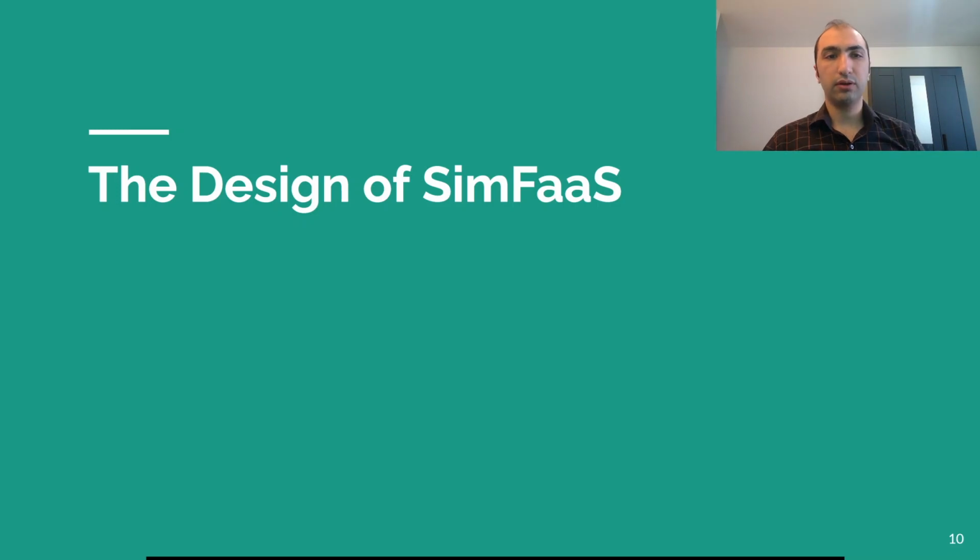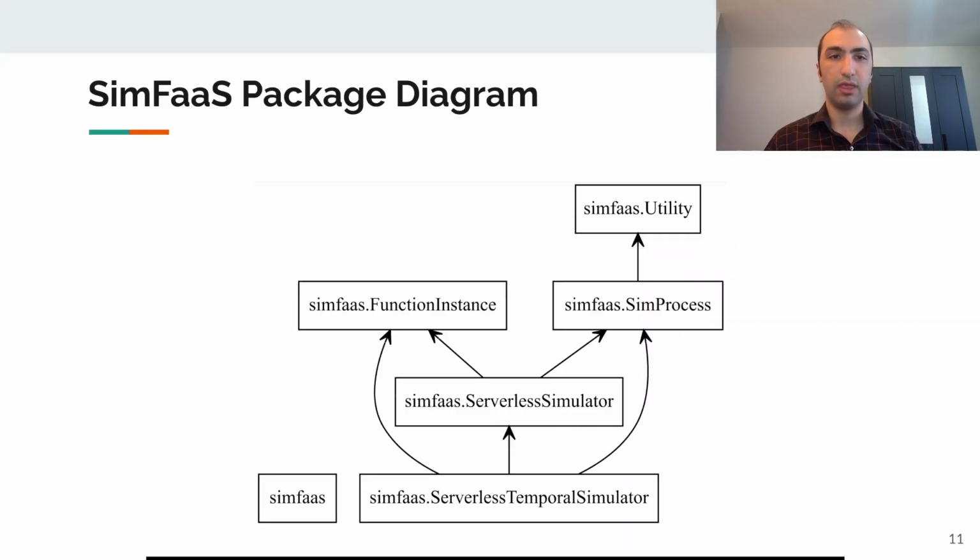Now, we want to talk about the design of SimFaaS and how it has been designed to allow the simulation of these kinds of platforms. This is the package diagram of SimFaaS, and we have utility functionalities. We have the simulated process, which also allows you to give it an analytical performance model, and it can compare the PDF and CDF of the data from simulation to the analytical performance model that you have given it, which helps us develop new and more accurate performance models using our simulators.